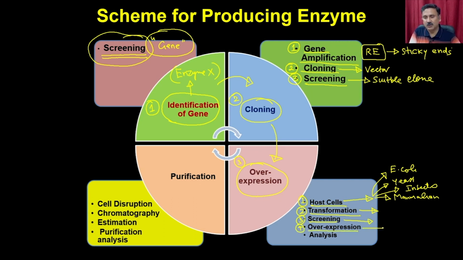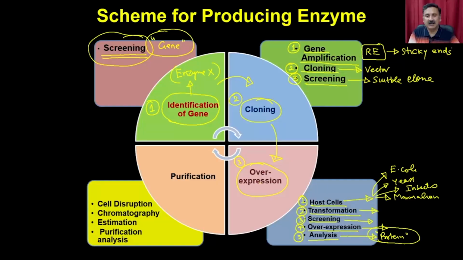For overexpression also, you are going to have different strategies depending on what host you are going to use, and then ultimately you are going to do the analysis of the overexpression, which means you are going to see whether the protein or the enzyme is being produced or not. And once you have confirmed that the enzyme is getting produced, then you are going to make the large cultures.